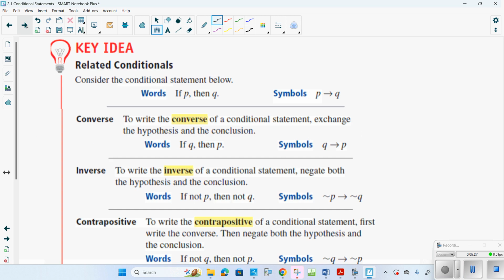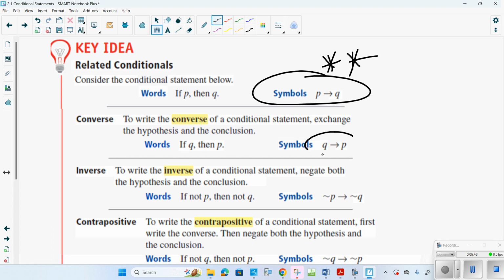This is a very large slide, and I'm going to have to scroll down. And this one is really the basis of everything that we're going to do today. Related conditionals. If you have a conditional statement, that is the original statement, the if-then, P then Q. The converse takes the P and the Q and reverses them.